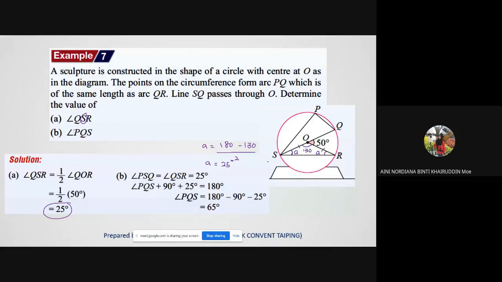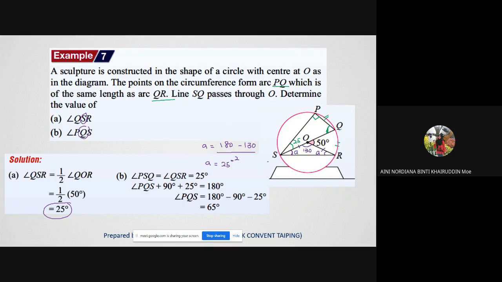So next, angle PQS. So angle here. So you know SOQ is a diameter. So the angle at circumference here is 90. Then the angle here is 25, because PQ has the same length as QR.